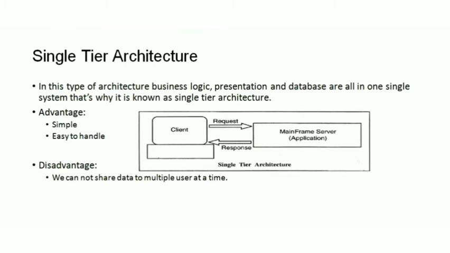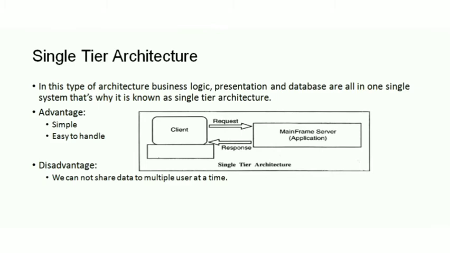So when you define a web application, there are two things: first one is client, second one is server. What is the task of the client? It just wants the data, right? So for that data, it requests that particular data and the request is sent to the server.